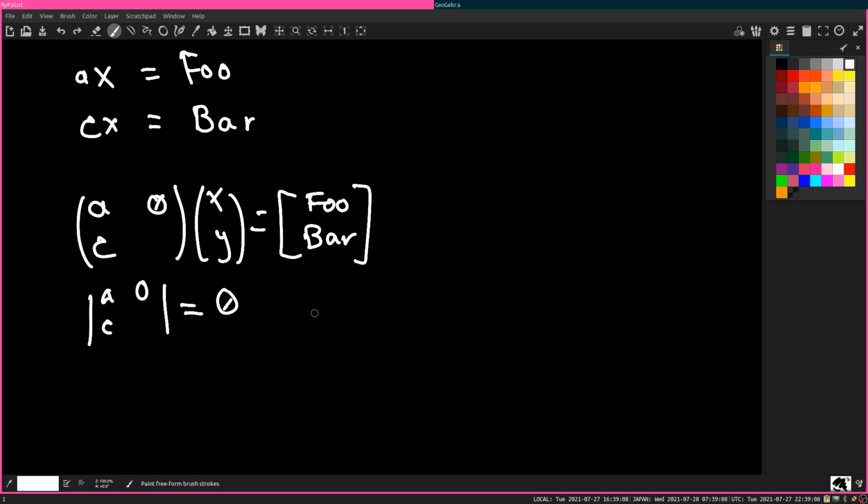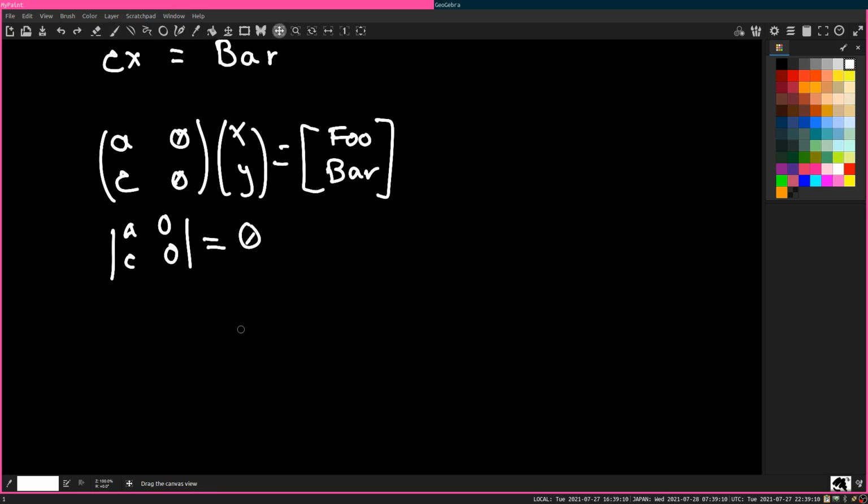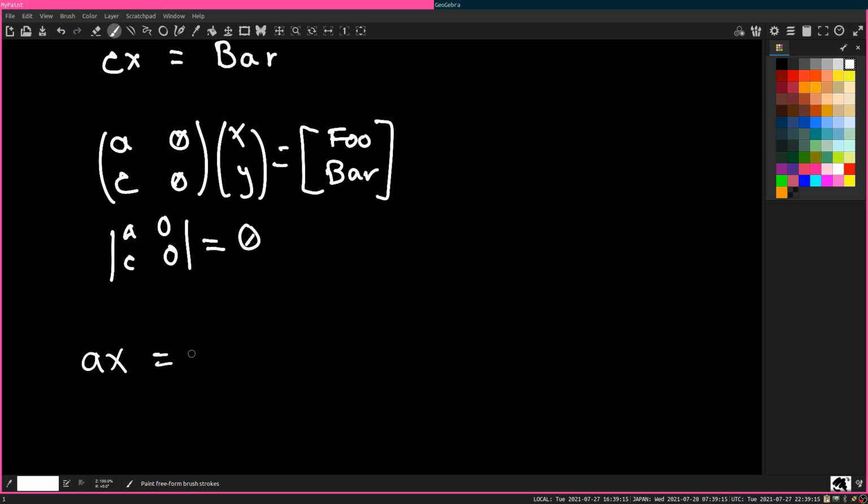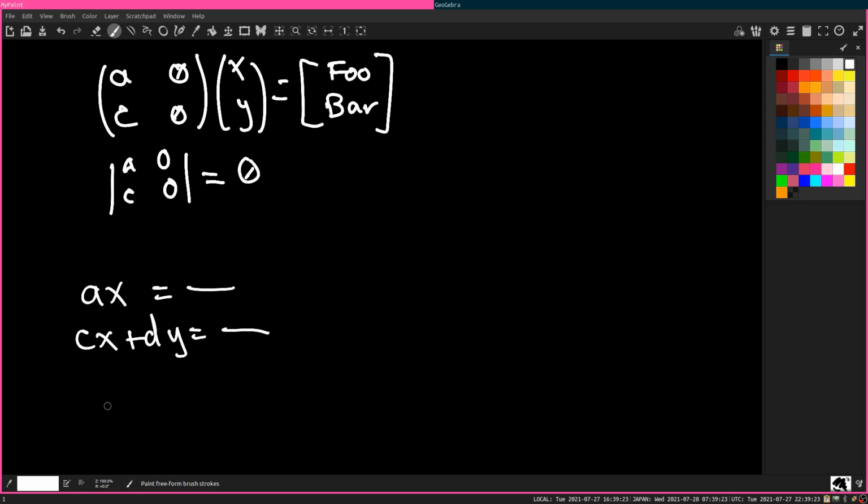So let me redo it. If we have ax is equal to don't care, and cx plus dy is equal to don't care, then this is solvable, and we see that the determinant of [a, 0; c, d] is equal to ad, which by assumption is not equal to 0.